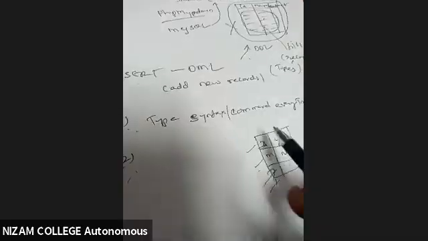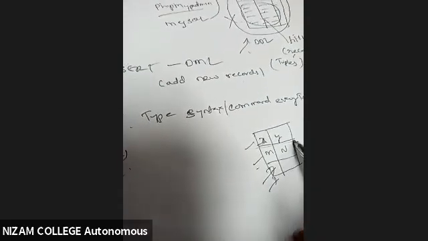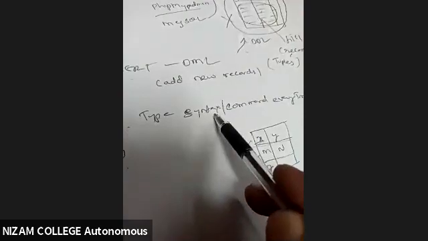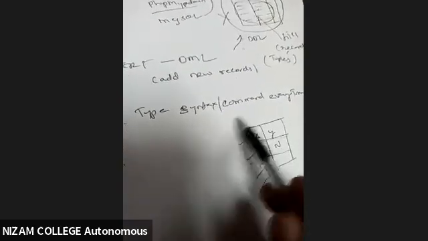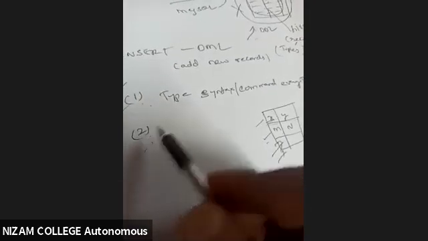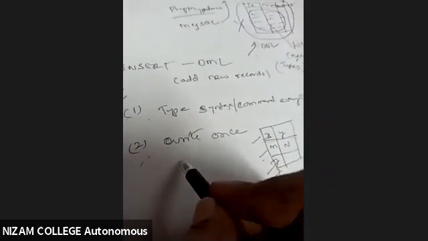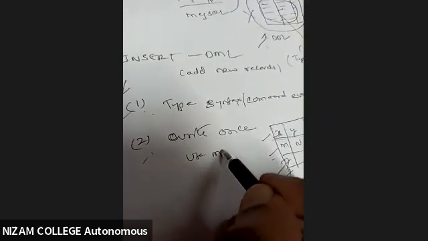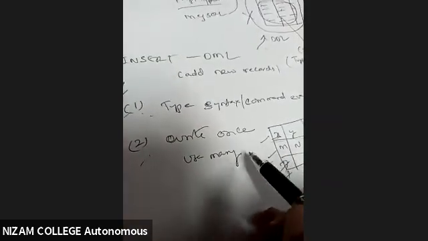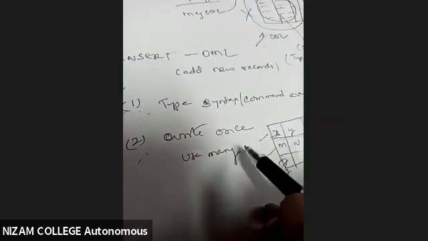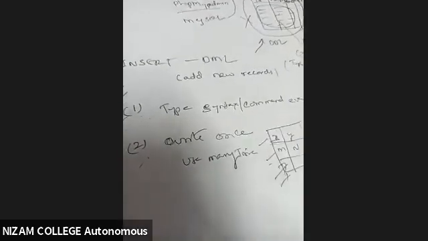If I want to insert this particular row, I have to type the command. If I want to insert another one, I have to type it again. When I go for the second one, I will write it only once and use it many times. So that is type 1 and this is type 2.